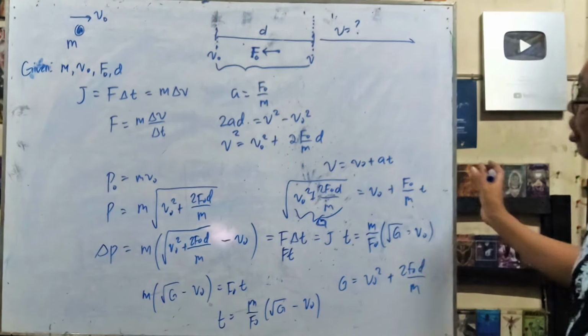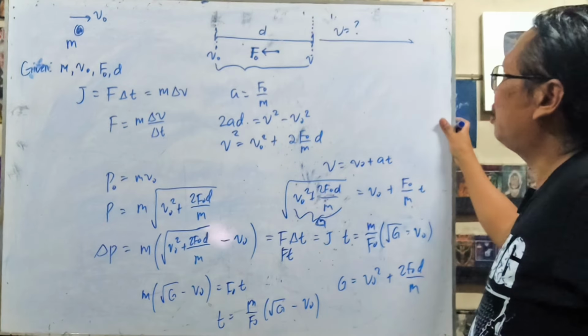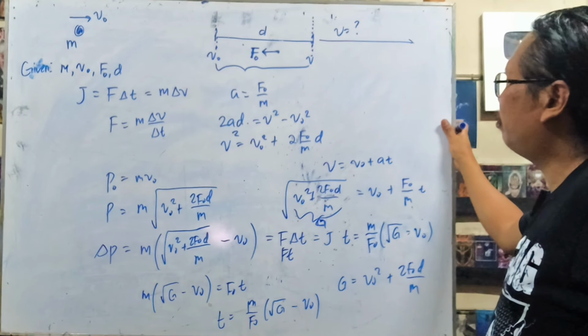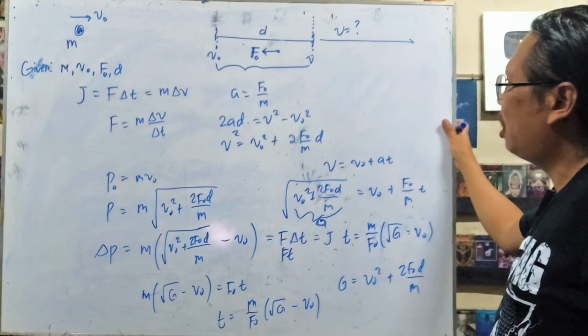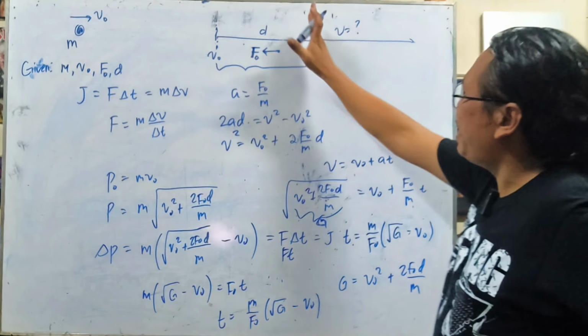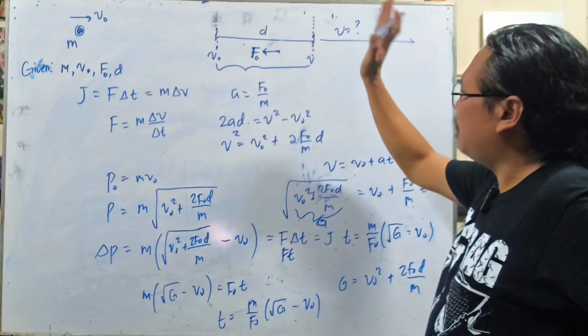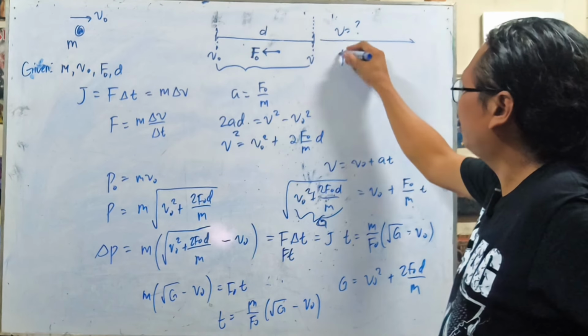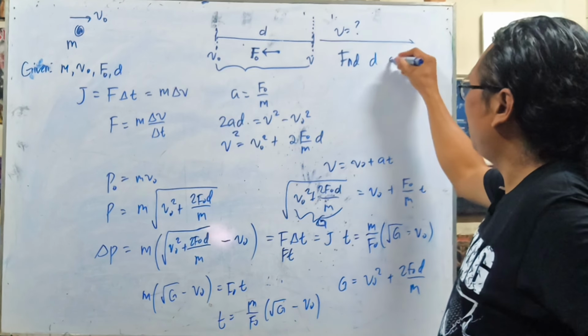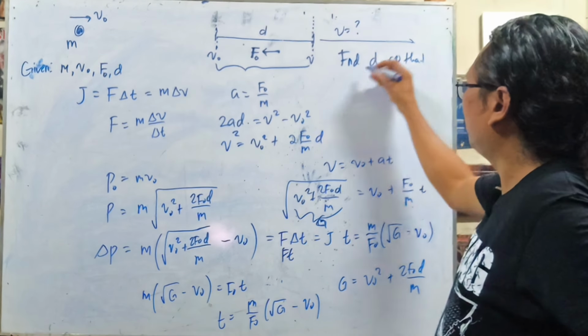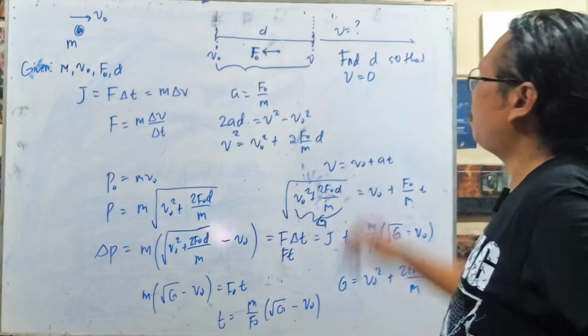If there are numbers right here, you can put them in the calculator and solve. Now the question is: suppose that we can adjust this, what distance, find D, so that V final is 0.